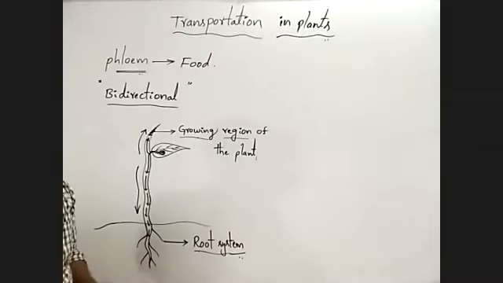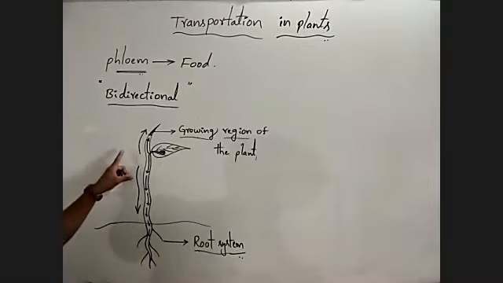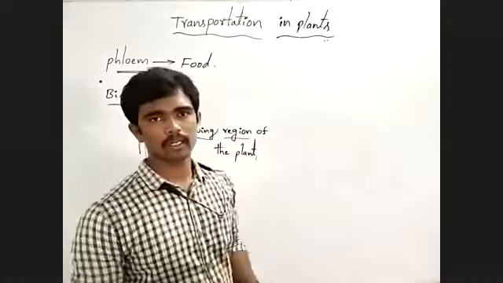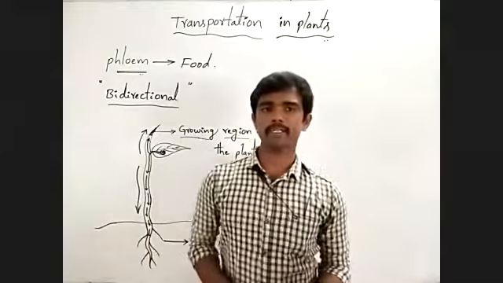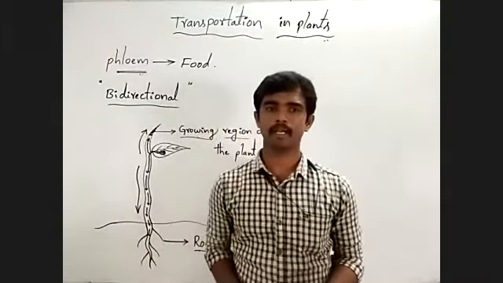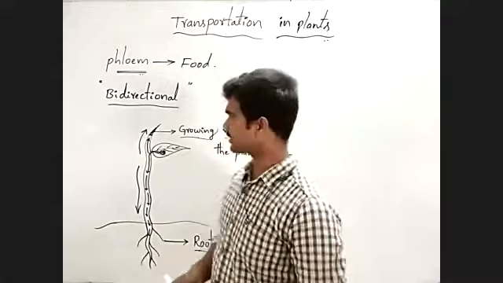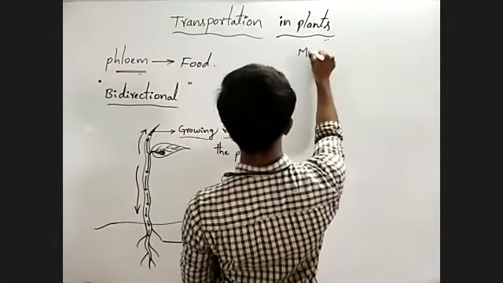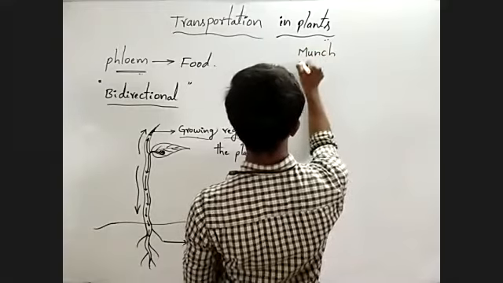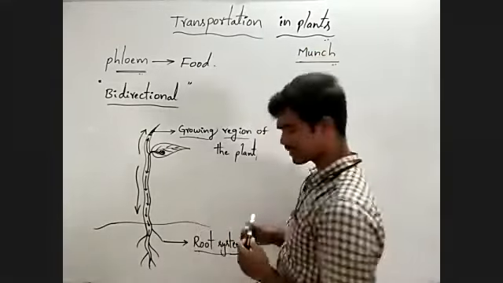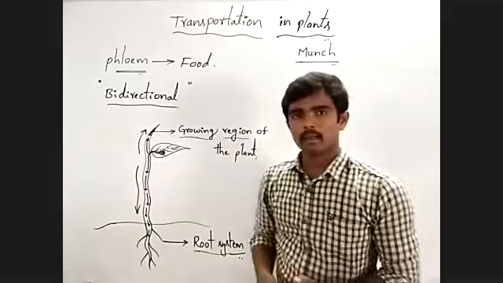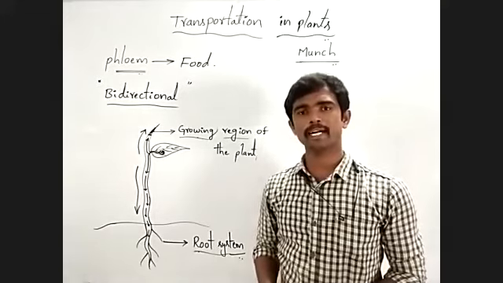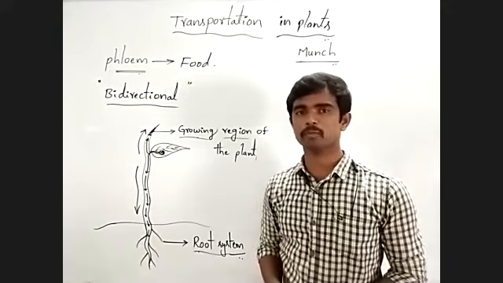Next, to explain the transportation of food material through the phloem, Munch, a scientist, conducted an experiment.